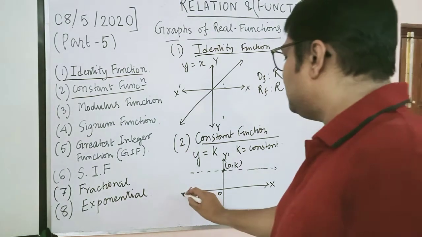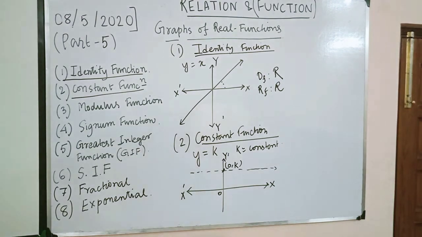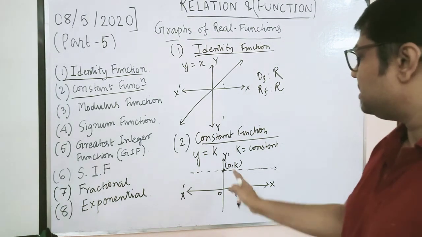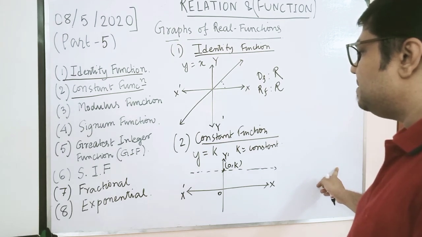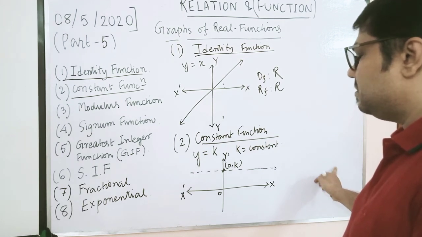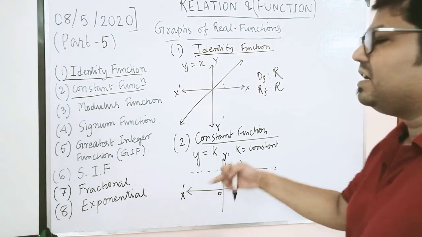Now the question is, what will be its range and what will be its domain? Its domain will be R, because x can have any value.